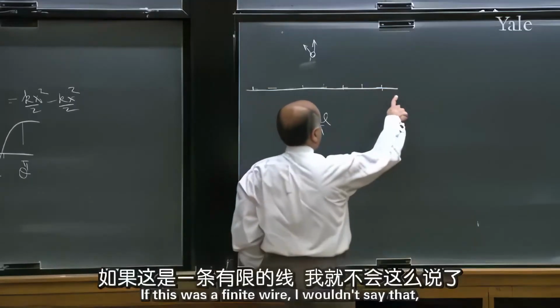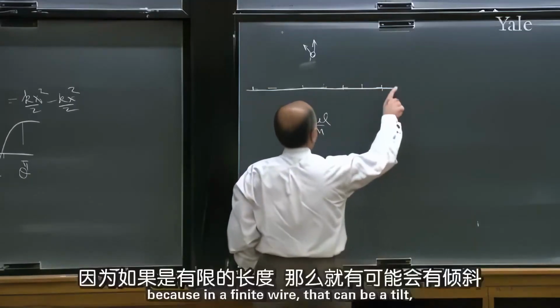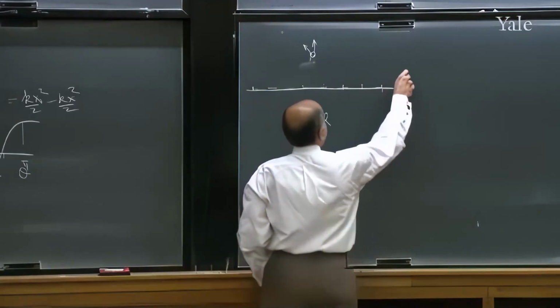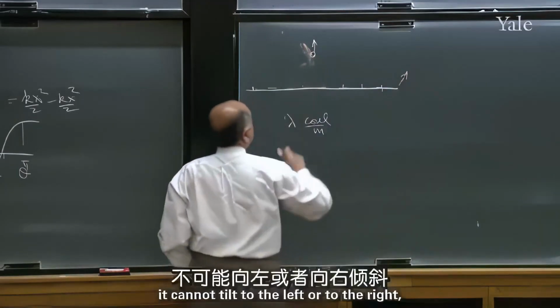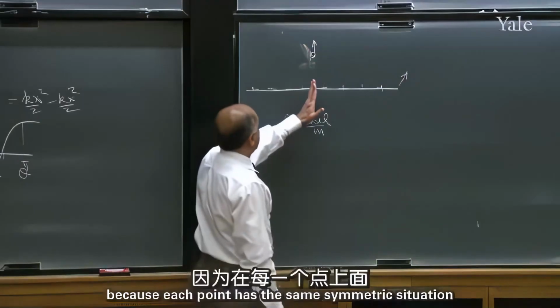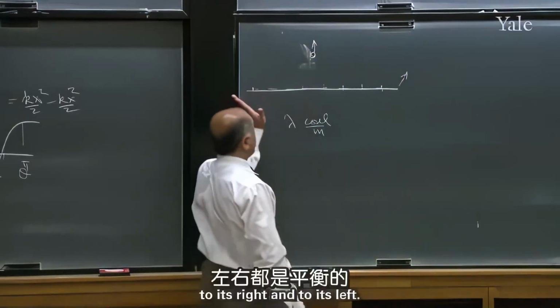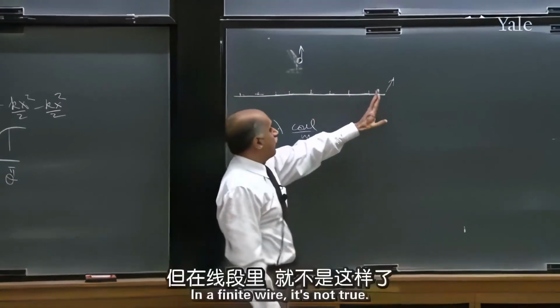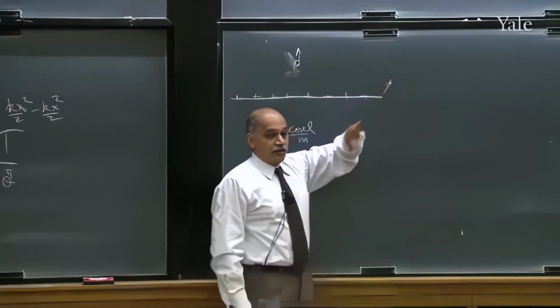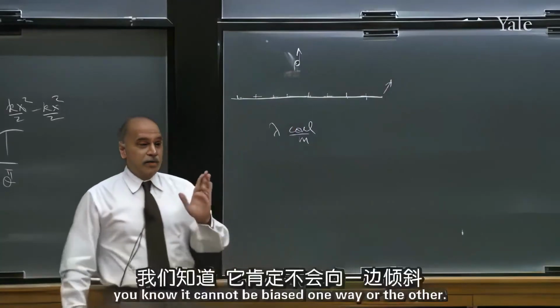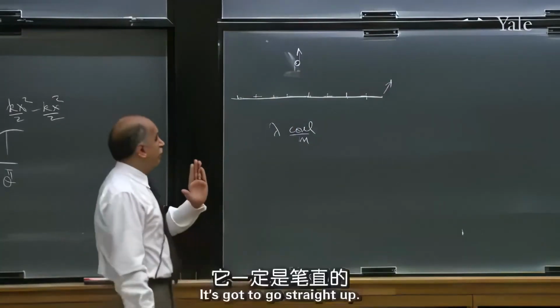If this was a finite wire, I wouldn't say that, because in a finite wire, there can be a tilt somewhere here. But with an infinite wire, it cannot tilt to the left or to the right, because each point has the same symmetric situation to its right and to its left. In a finite wire, it's not true. Life to the left is different from life to the right. But for an infinite wire, it cannot be biased one way or the other. It's got to go straight up.